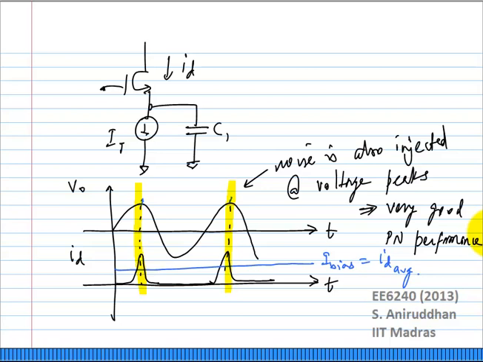So because of that, this is not a very popular architecture. There may be very specific cases where you have a very narrow band of frequencies to cover, but you want very good noise. You might go in for something like this. But apart from that, a majority of oscillators are still cross-coupled oscillators.